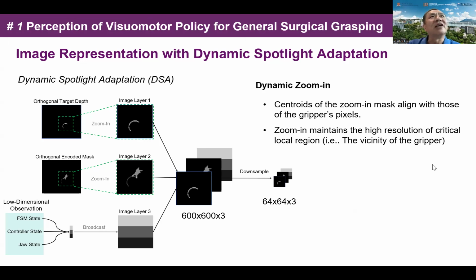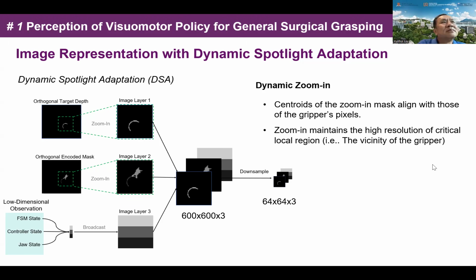So this dynamic spotlight adaptation, can you explain a little bit more? Because it's the most important contribution, I'd like to know more. Thank you for your question. This representation solves the issue that when we use a compact image like 64 by 64 by 3 and directly downsample it, it will be too blurry, and since the needle is really thin, it will lose a lot of information.